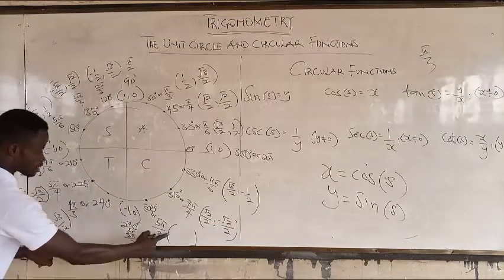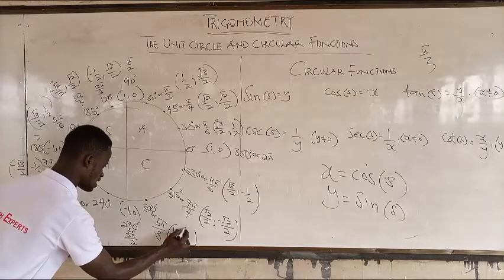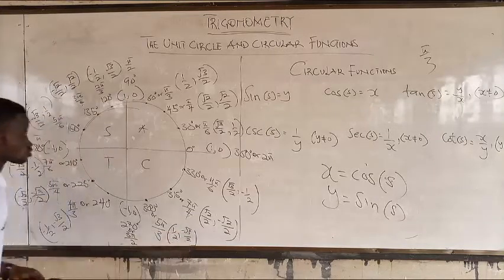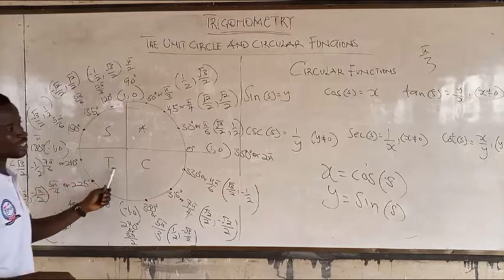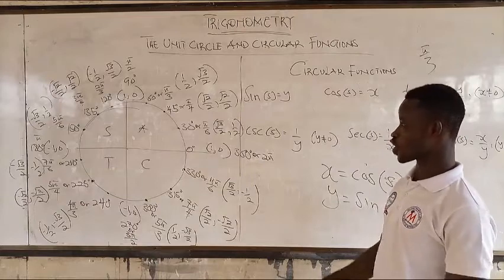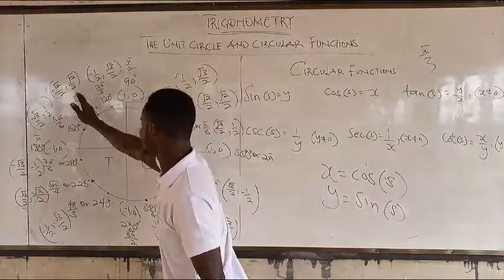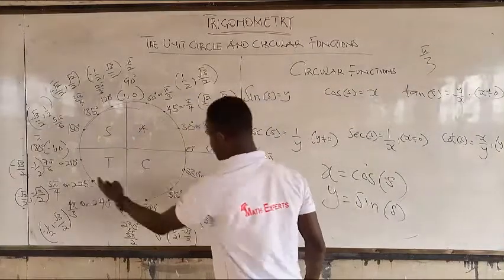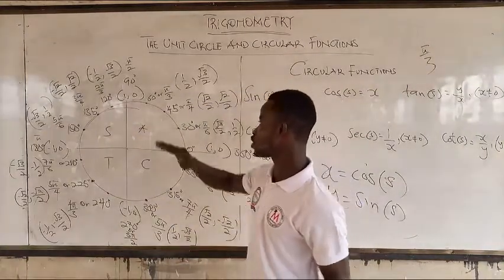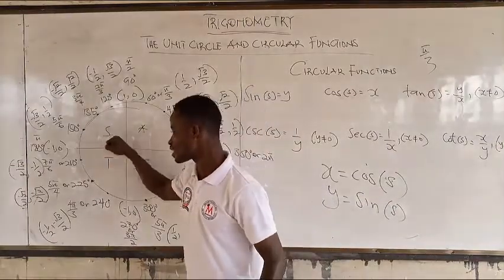Then here is going to be similar to this. And that is half, negative square root of 3 over 2. So that is what we are going to talk about. Very good. So that is all. And don't forget, this is similar to this, and this is similar to this. So just know for here and here, and you can get here and there.